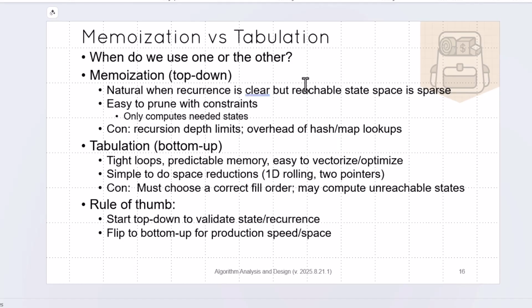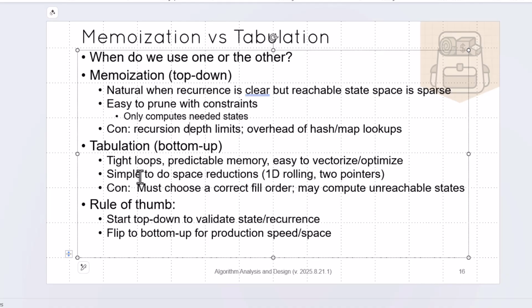So when do we know to use memoization versus tabulation? Memoization, again, as a reminder, is top-down. This is natural when the recurrence is clear but the reachable state space is sparse. It's easy to prune with constraints, and only computes needed states. The con, though, again, is the recursion depth limits and overhead of hash map lookups.